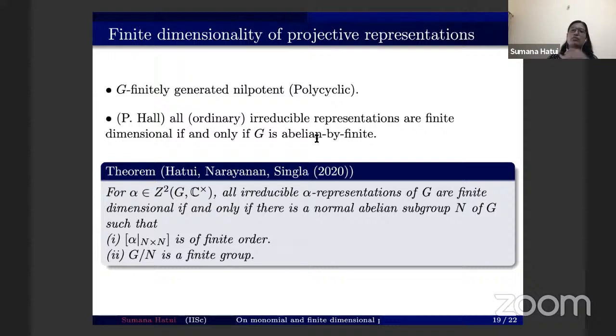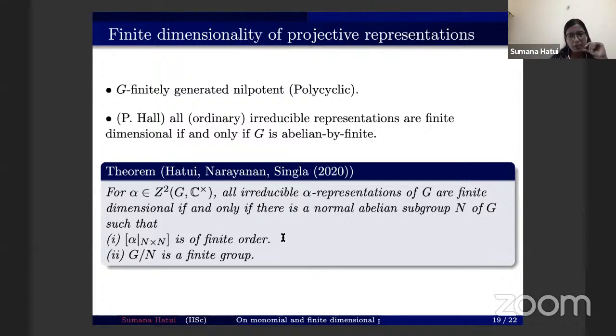What is meant by abelian by finite? That means G has a normal abelian subgroup N such that G quotient by N is finite. So the normal abelian subgroup has finite index in G. So all finite dimensional ordinary irreducible representations were characterized by Hall. Even this result is also true for the polycyclic case.